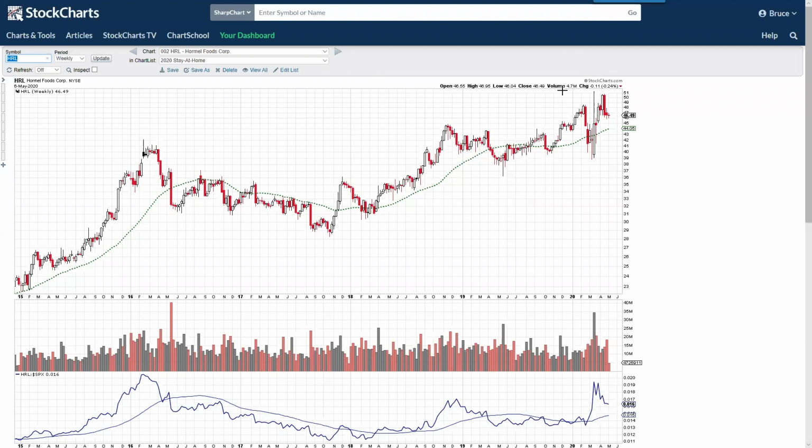Hormel, pork producer. We know that these meat packing plants are having a difficult time right now. You can see the uptrend, this big spike of an uptrend in the relative strength.